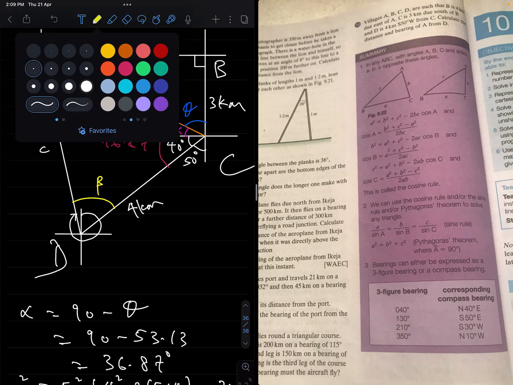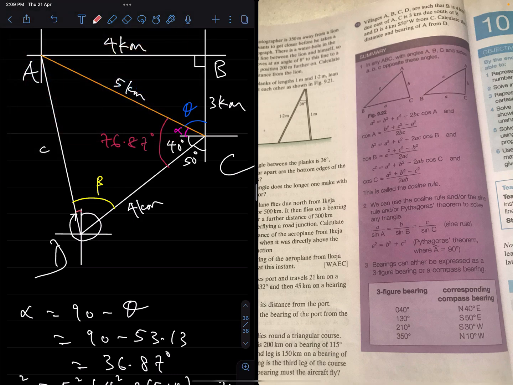I've used alpha, so I want to call this tiny angle W.